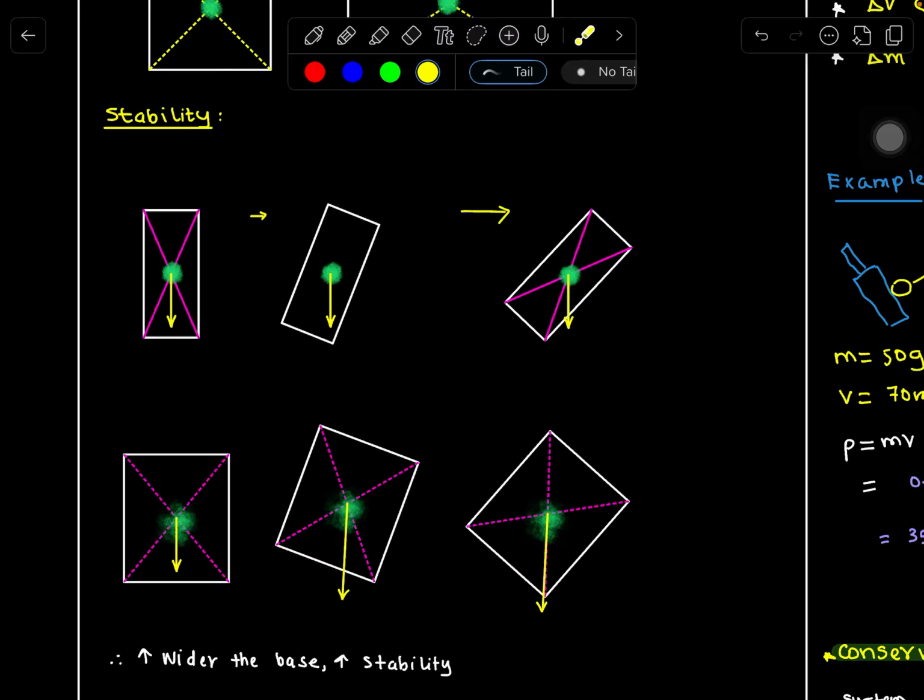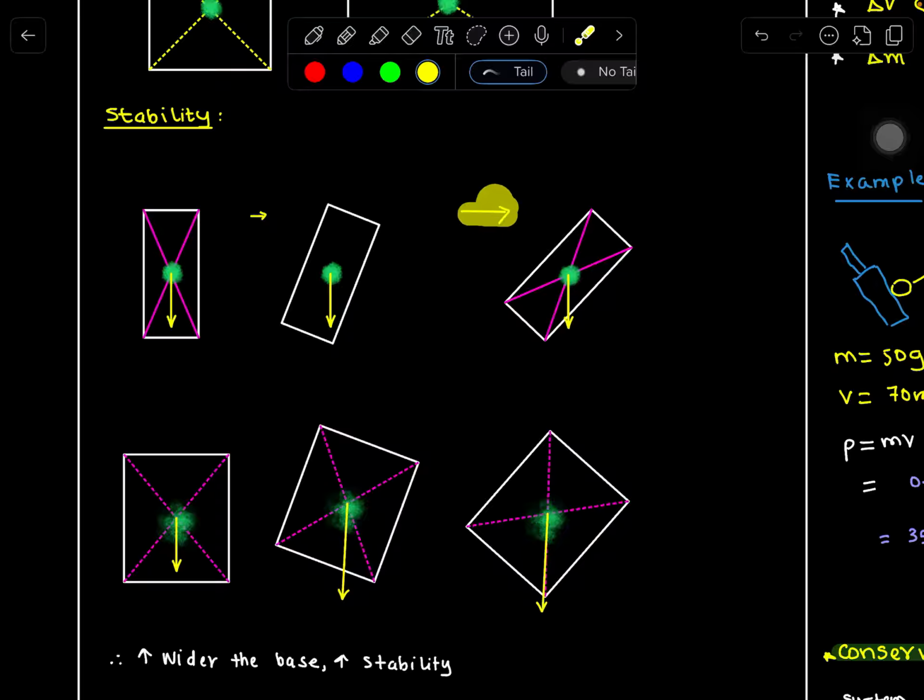That's because the center of mass of the water bottle has gone past its baseline. This is the base of the bottle, and we call it the baseline, okay? If you apply a little push and you draw a straight line down, as long as this line falls within the baseline, that thing is going to be stable.